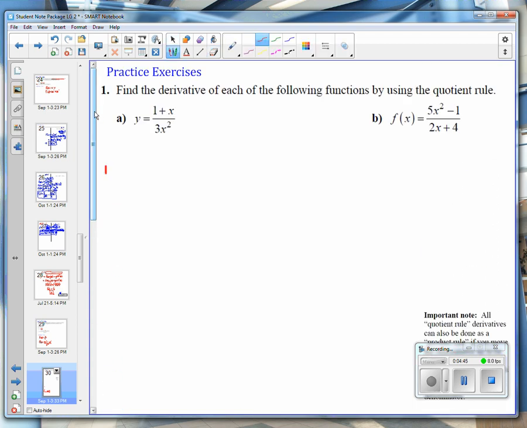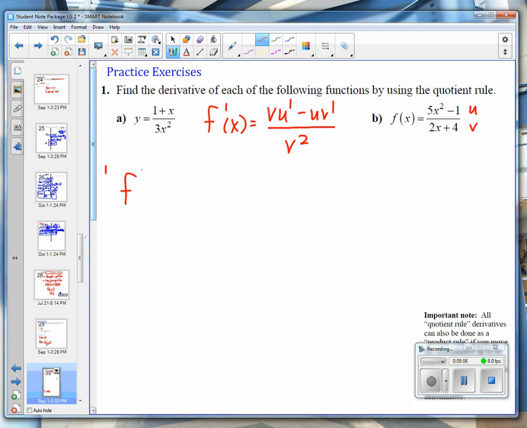So here's my u, here's my v. Obviously, we've got the quotient rule situation because we've got a fraction there. So I'm going to take, remember, my formula. So f prime is going to be vu prime minus uv prime all divided by v squared.